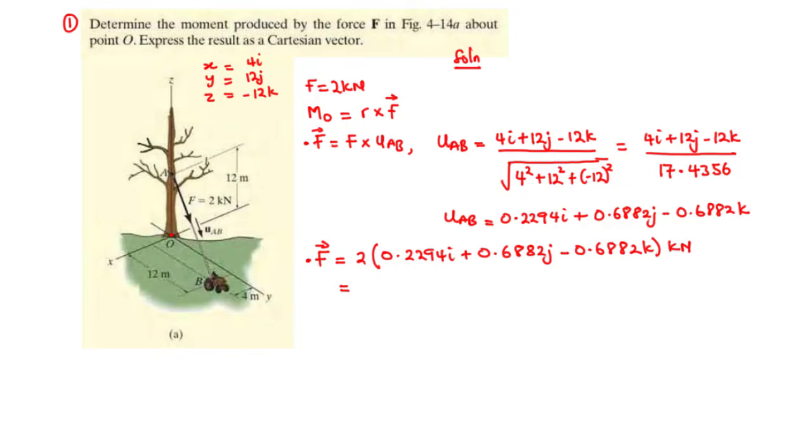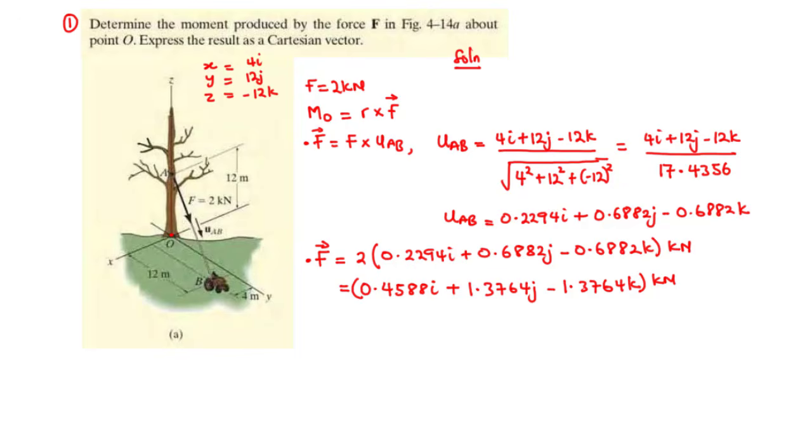So you multiply 2 across, and then you have 0.4588i plus 2 times this, 1.3764j, minus 1.3764k, and this is in kilonewtons.